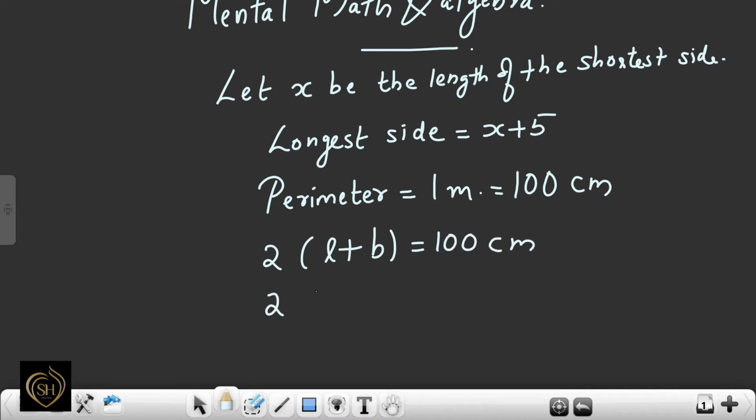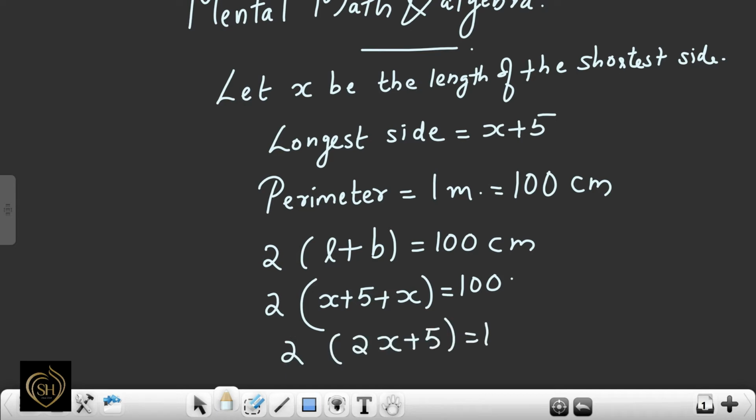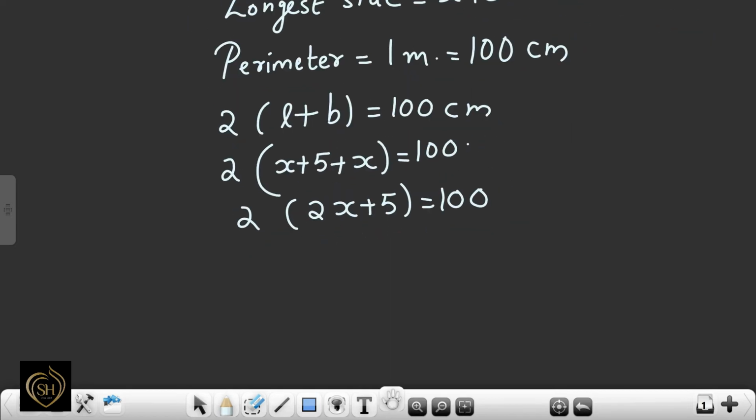That is 2 into (L plus B). L is the longest side, that is x plus 5. Breadth is the shortest side, x. Is equal to 100. That is, 2 into (2x plus 5) is equal to 100. Let's solve for x.